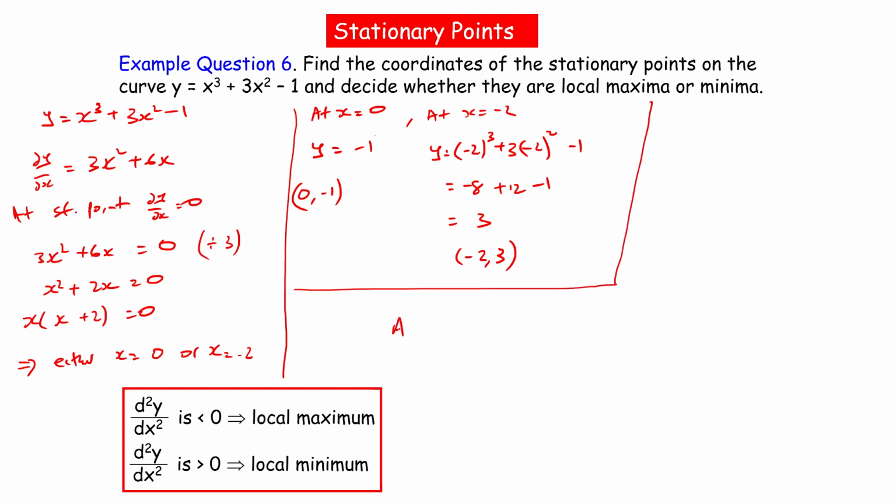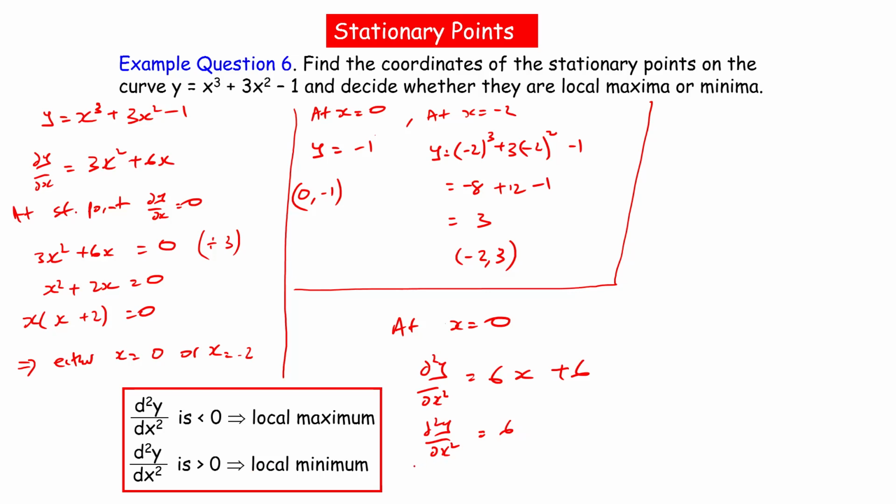So we say at x equals 0, d2y over dx squared, if we differentiate our gradient, we get 6x plus 6. So d2y over dx squared is going to be equal to 6, which is greater than 0.